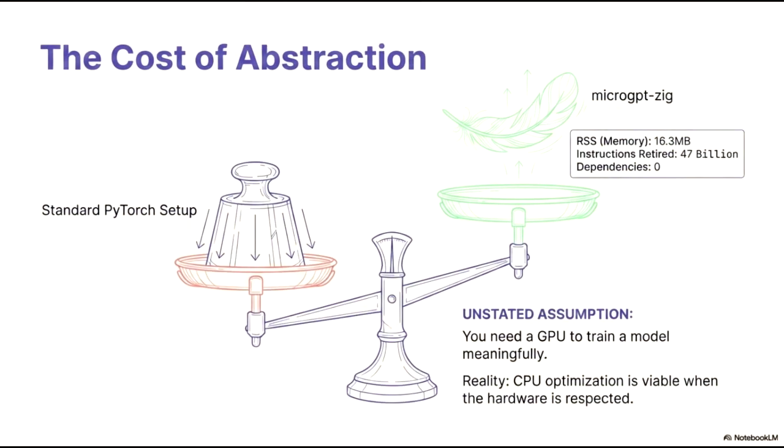The slide before you illustrates the significant overhead often inherent in high-level machine learning frameworks. On the left, we see the standard PyTorch setup, represented by a heavy weight. While PyTorch provides immense flexibility and ease of use, it comes with a massive footprint of dependencies and substantial memory requirements.